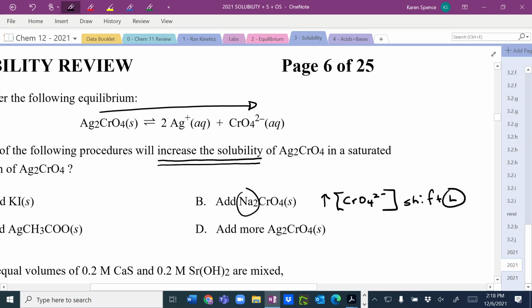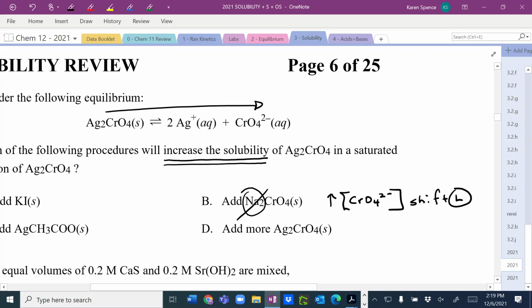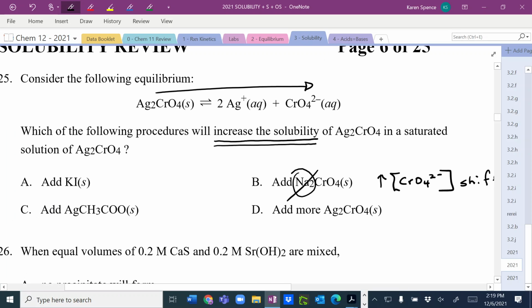And you'll notice I'm just ignoring these spectator ions here, like sodium, because I know it's soluble with everything. Who's important there? Oh, it's chromate. Who's important in silver acetate? Silver, just silver, because we're dealing with silver here. So we have increased the concentration of silver, and so again, that's going to shift left, which is not what we want to happen.